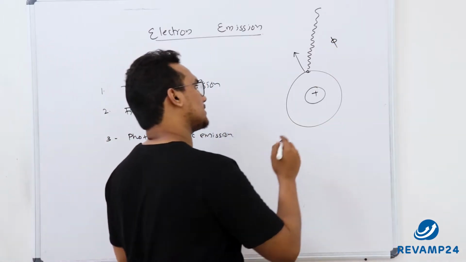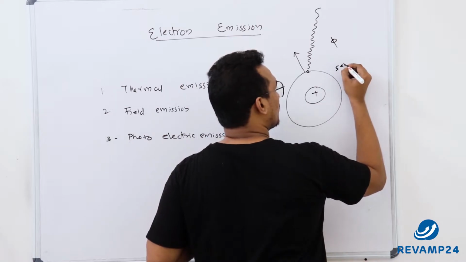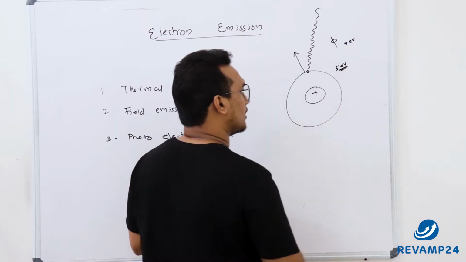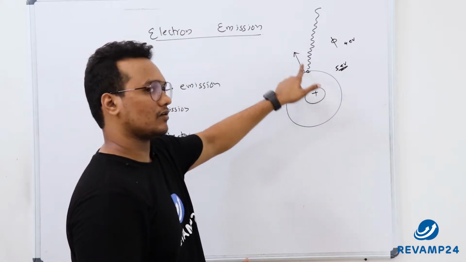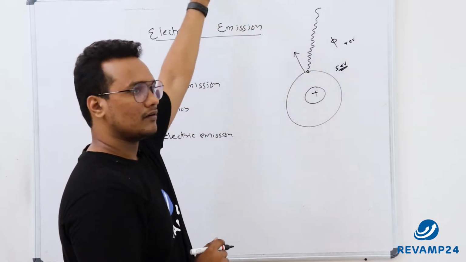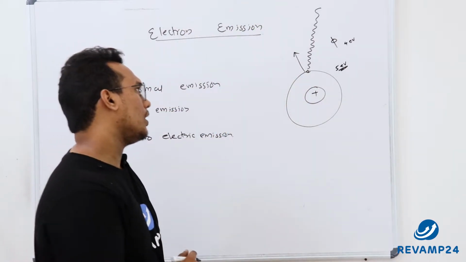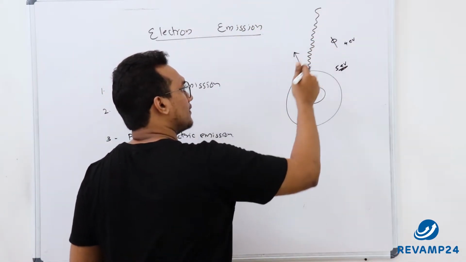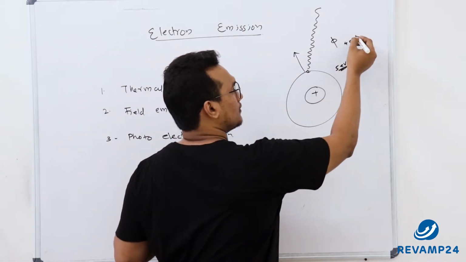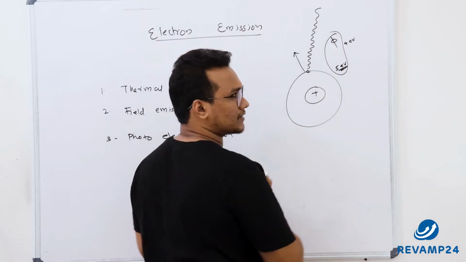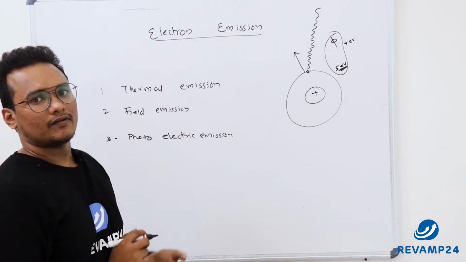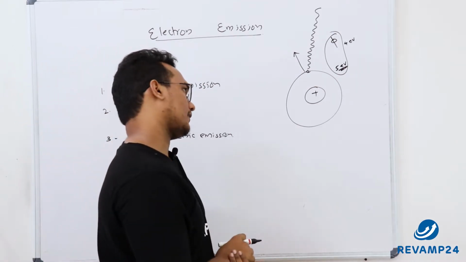Now, if the work function is 5 electron volt and a radiation of 4 electron volt is coming, then this cannot take an electron from its orbit, or from the metallic surface. Only radiation that has energy above 5 electron volt, that is the work function, can take an electron from a metallic surface.